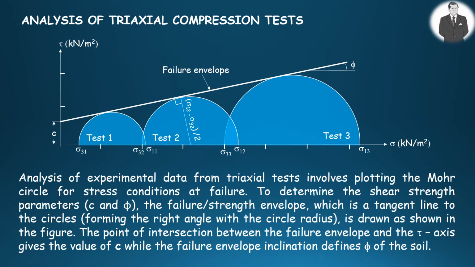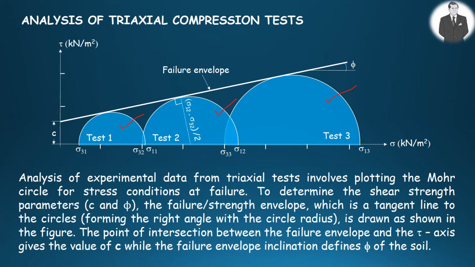Experimental data from triaxial tests are analyzed by plotting the Mohr circles for stress conditions at failure, as you see in the figure. Each Mohr circle represents 3 identical samples subjected to 3 different confining pressures.